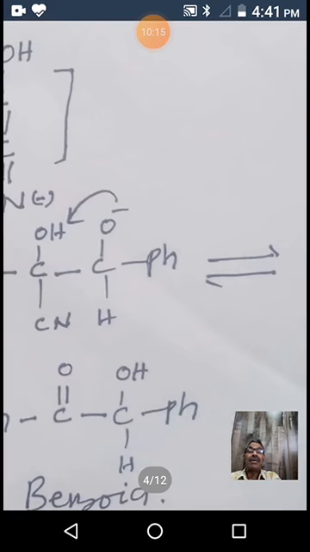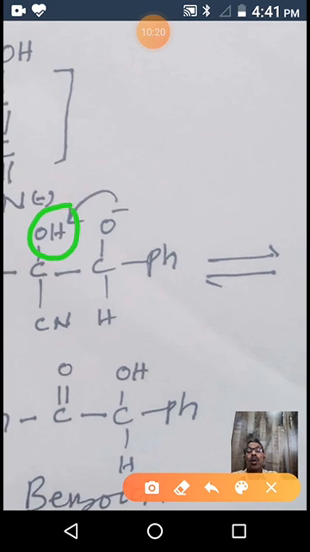In this compound, the hydroxy OH proton shifts from here to here. Why? Because this O minus is more stable than this. That's why the proton shift takes place.